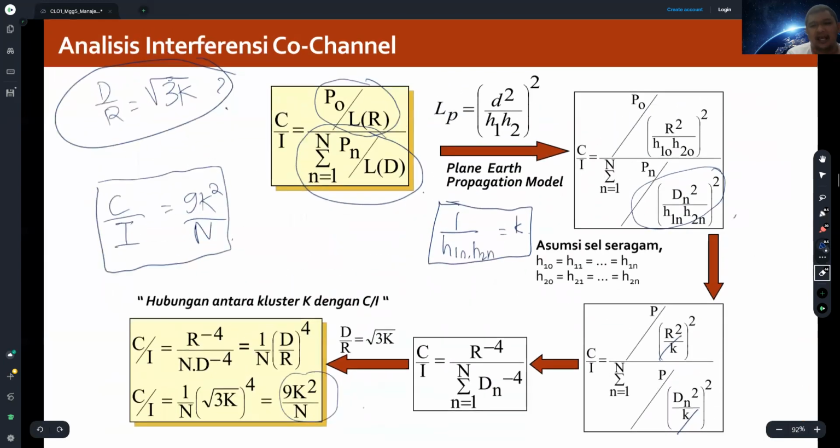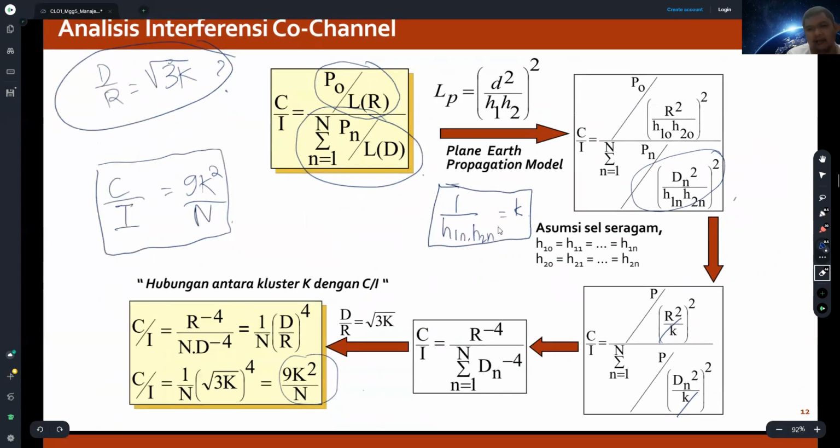So if we are talking about a single cell that has no sectorization at all, the carrier to interference value will be equal to 9K quadrat per N, right?